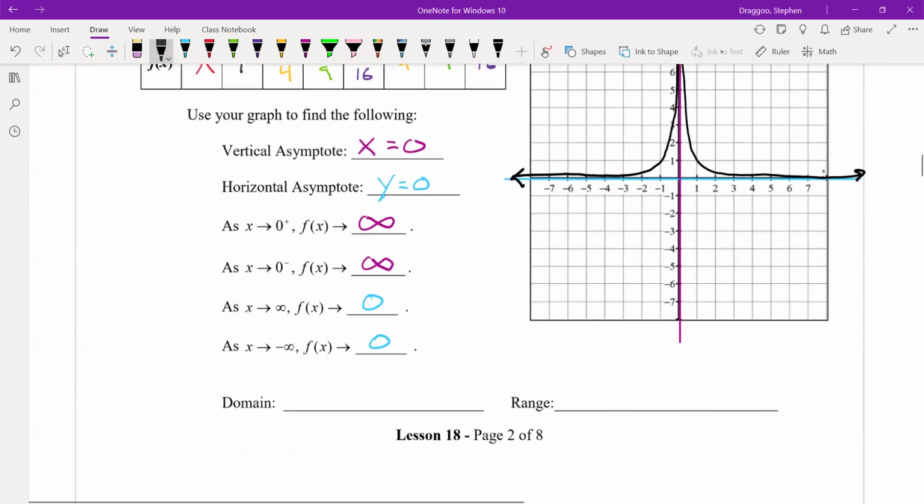So if I go back to fill out our domain, we already have domain written in. That domain is every real number except for 0. So I'll write in my domain is all real numbers except 0.